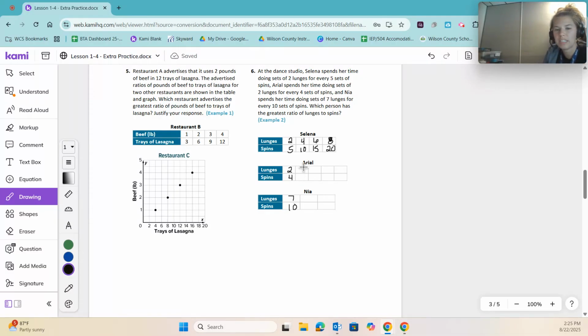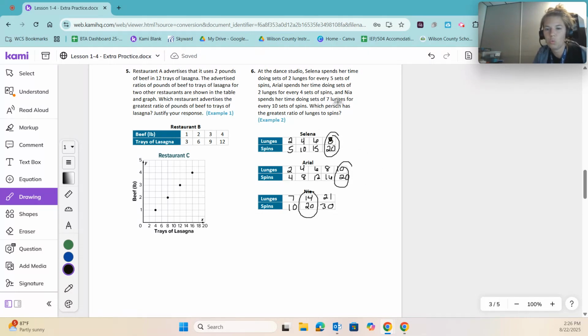Okay, and I'm going to do the same thing here, 2, 4, 6, 8, 10, which is going to be 4, 8, 12, 16, 20. And Nina had 7, 14, 21, 10, 20, 30. Okay, now for each of these, the ones we have in common, I see 8 out of 20, 10 out of 20, and 14 out of 20.